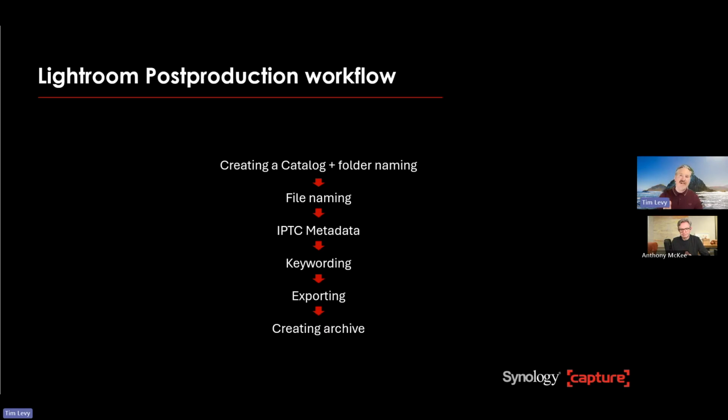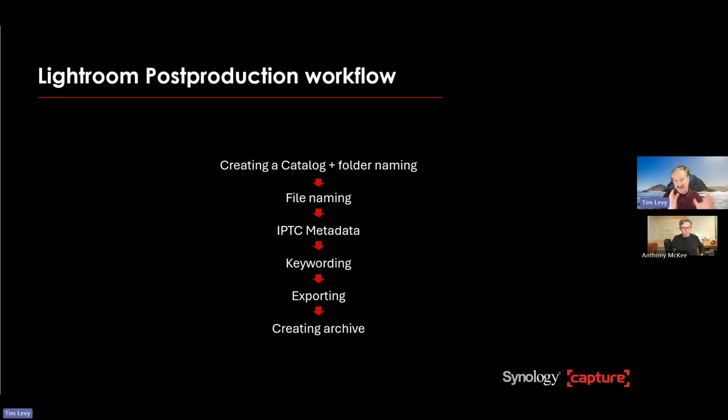So to start off, if you're using Lightroom or Capture One or Photo Mechanic or something, you've got to start getting a system so that when you import your images, they are going to add a folder name, file name, IPTC metadata, which I'll talk about in a sec, keywording, I'll talk about that in a sec, and then you end up exporting it.